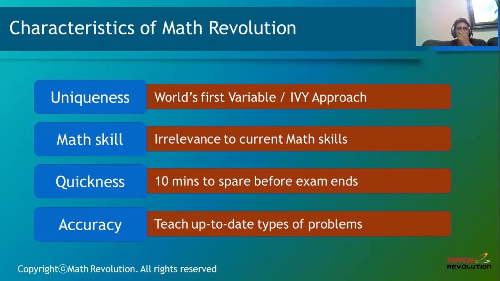Quickness is one, because timing is the major concern I have been exposed to while talking to a lot of people in one-on-one free consultation calls these days. The major challenge is not only accuracy or score upgrading, it's always about time as well. Most students face issues with timing, and when time is compromised, accuracy may be compromised at the same time. So these are the four characteristics that our approach always works through.